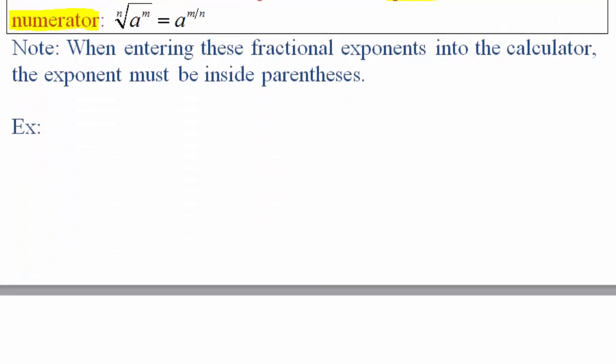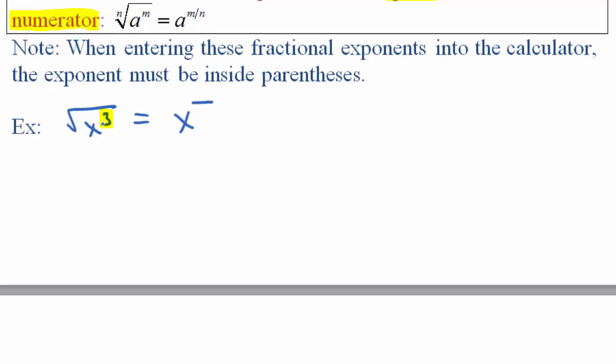So the idea is if you have something like the square root of x to the third power, what does this mean? The power is 3. I know that this is a radical, so I can write it as a fractional exponent. This is going to be equal to x to some power that's a fraction, so I write my little fraction bar here.